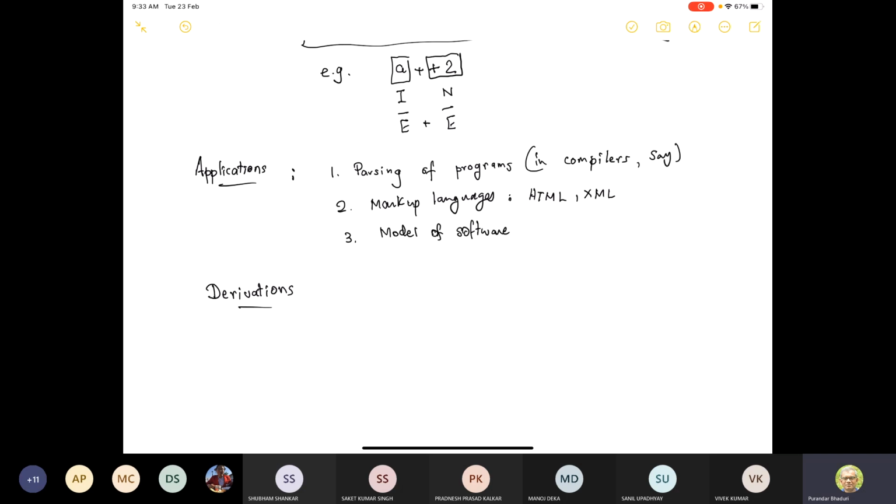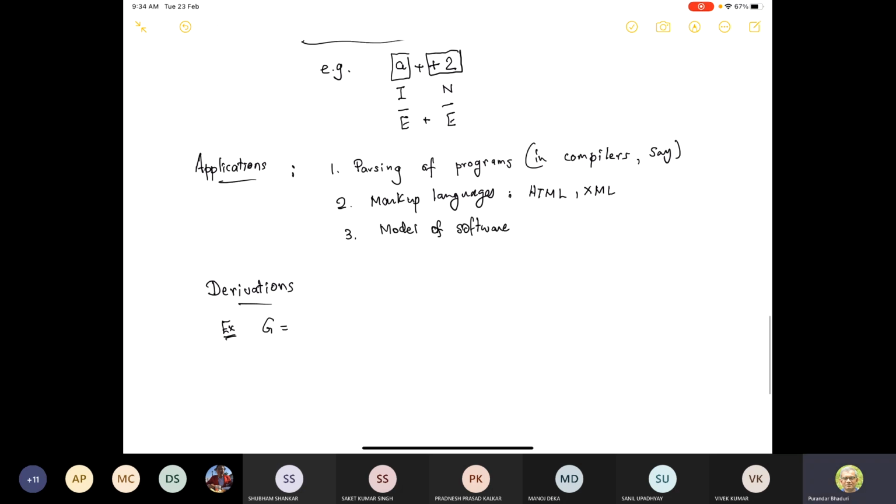Right? Just to take an example, for a given grammar G, let's take the language of expressions, right?